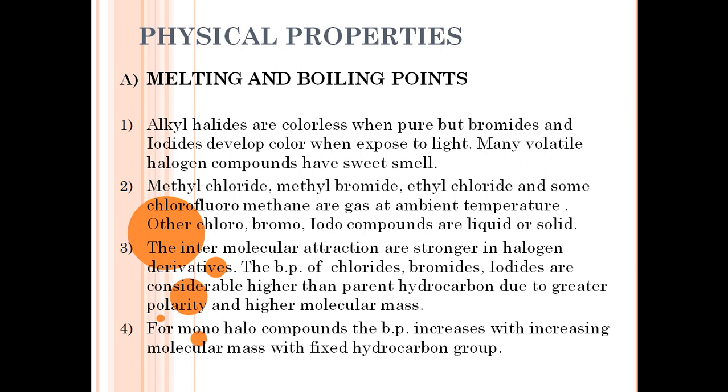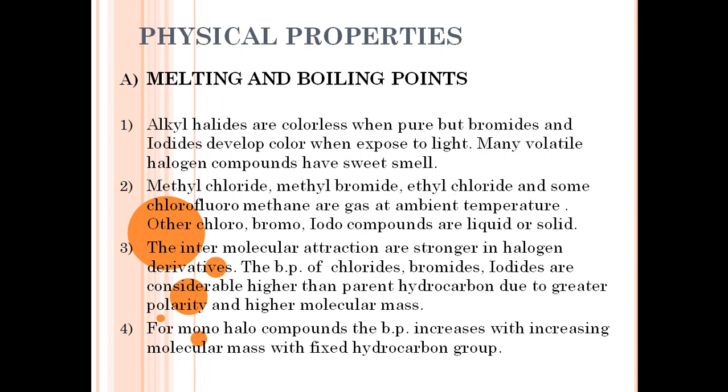The intermolecular attractions are stronger in halogen derivatives. The boiling points of chlorides, bromides, iodides are considerably higher than the parent hydrocarbon due to greater polarity and higher molecular masses. For monohalo compounds, the boiling point increases with increasing molecular mass with a fixed hydrocarbon group.